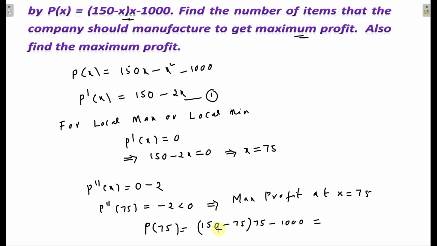So 150 minus 75 means 75, 75 into 75 minus 1000. On simplification I will get this as 4625. This is the maximum profit when you manufacture 75 units.